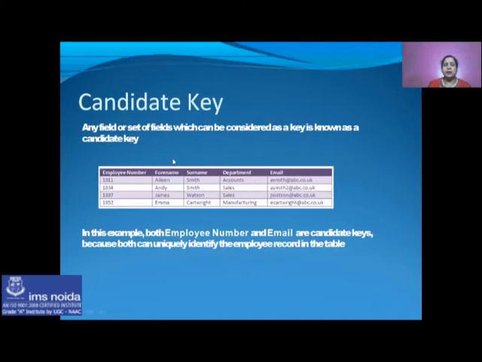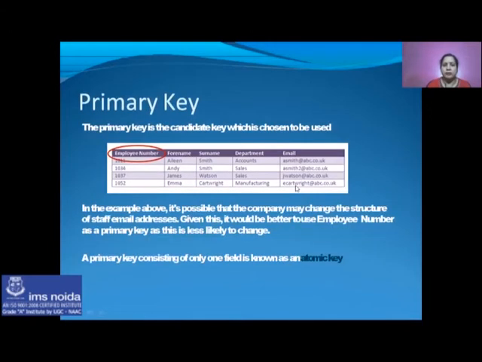But because these two IDs are unique attributes, we can consider only one attribute as the primary key. We are saying these two attributes uniquely identify the record, but we can consider only one, either employee number or email, as the primary key.